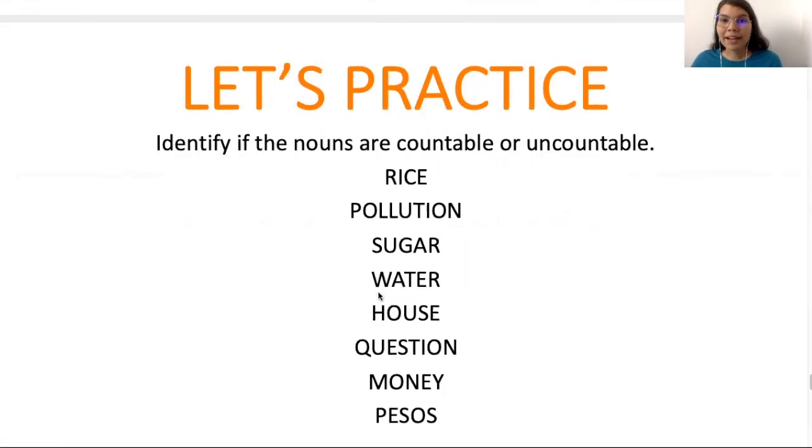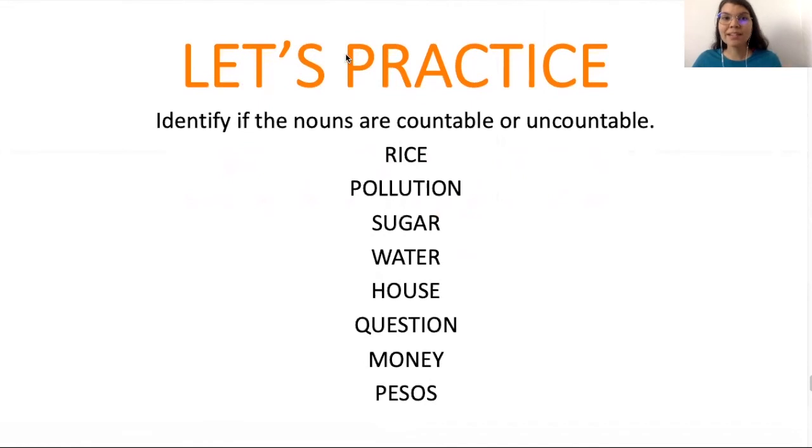Let's look at our practice. So let's identify if the nouns are countable or uncountable. For example, rice. Rice is uncountable. Pollution, uncountable.